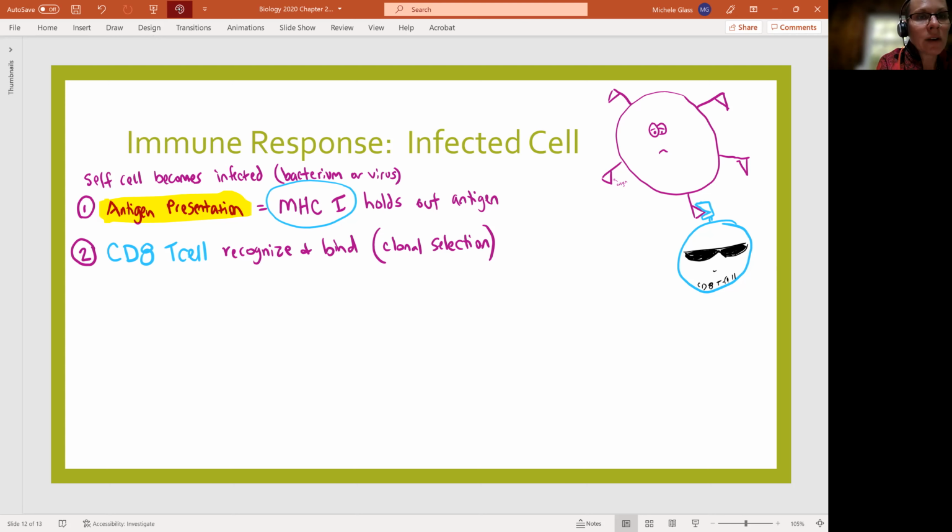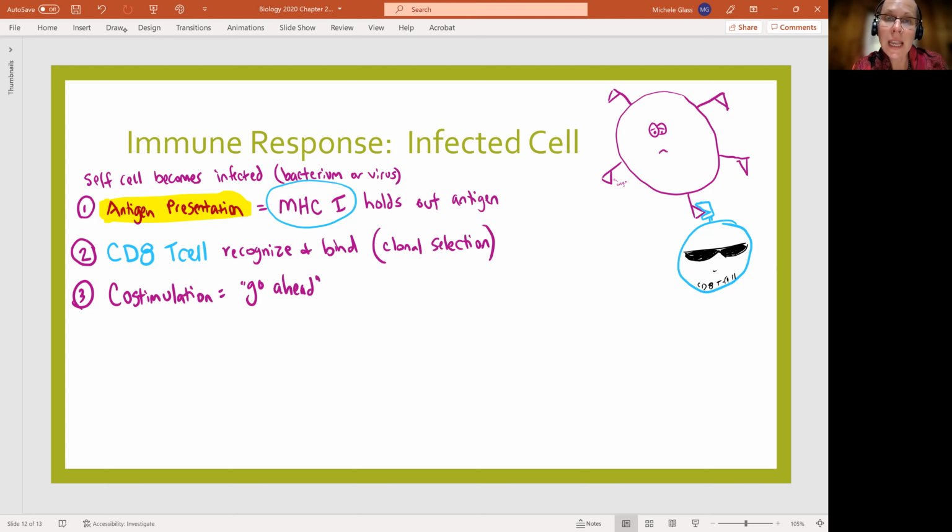And so then our next step, which I didn't see described in our OpenStax textbook, but I've read it in other resources, and it's a step we do need to know, is called co-stimulation. And we should think about co-stimulation as the go-ahead.